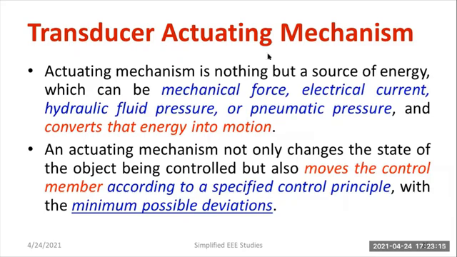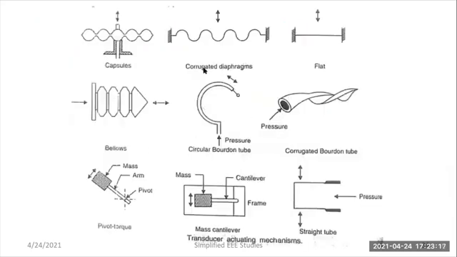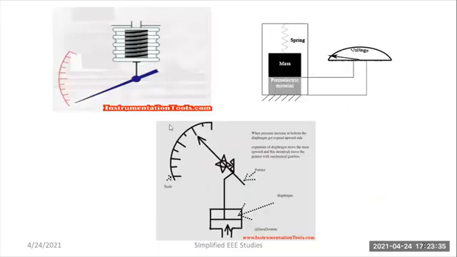Thereafter, I showed you different devices, and we can say that actuating mechanisms are involved in these devices. These devices are a part of the transducer. Definitely, such movement will always take place in these types of devices. So this is regarding the actuating mechanism.